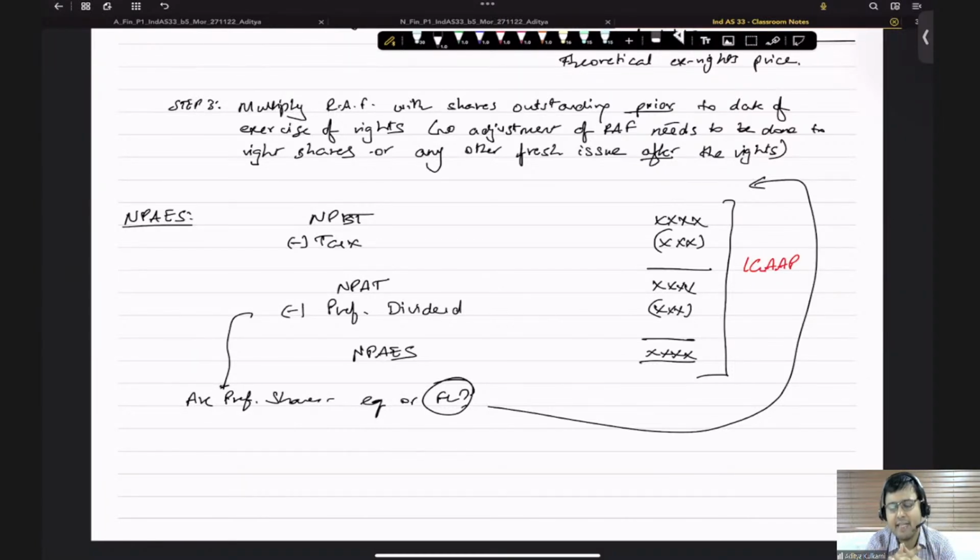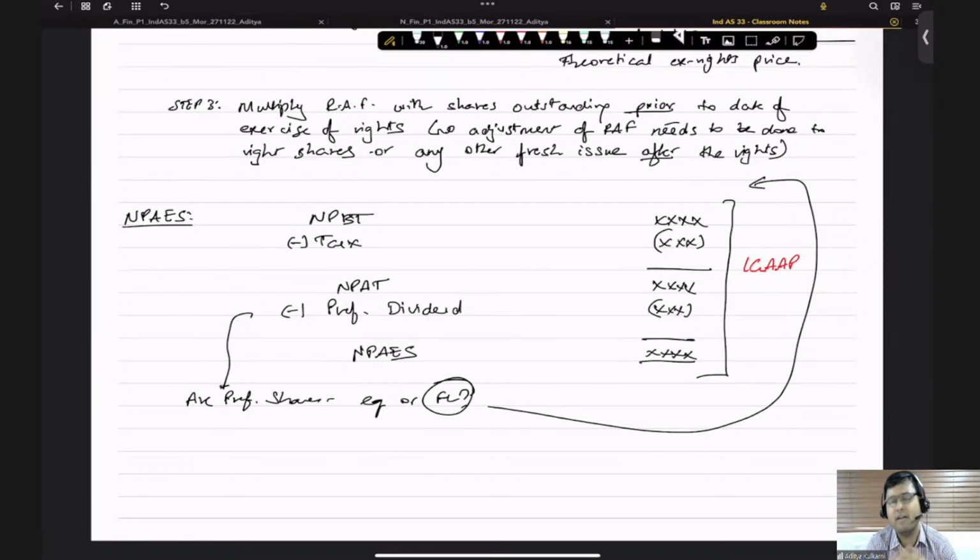Not only that, even the premium that you pay for redeeming these preference shares would also be reduced, though such premium actually sits in your securities premium, or it is met out of the reserves.